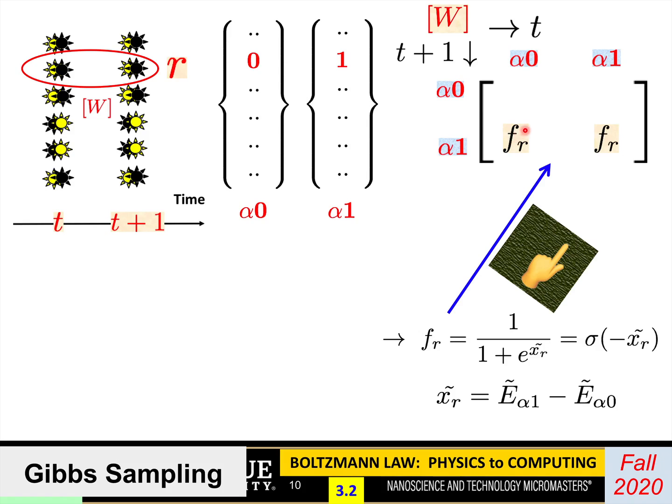And so, since the state at time t plus 1 really doesn't depend on the state at time t, we put f on both columns here. Similarly, if you want to write the probability of putting a 0 on that neuron, well, that's 1 minus f, and again, it's the same for both columns.